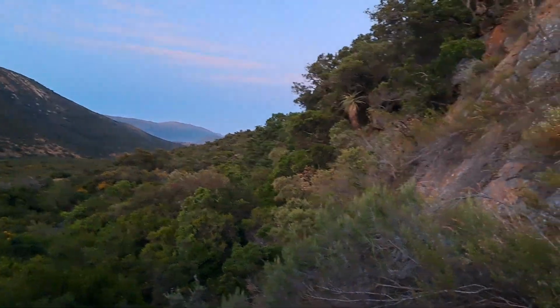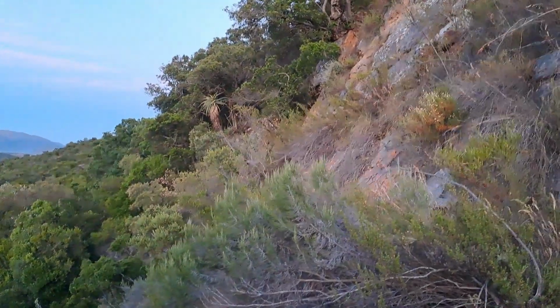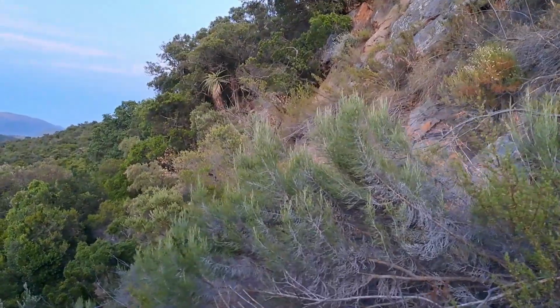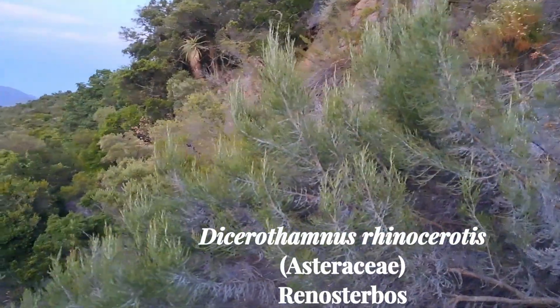So renosterveld, rhinoceros, refers to one bush that is excessively dominant in the renosterveld, and this is Dicerothamnus.